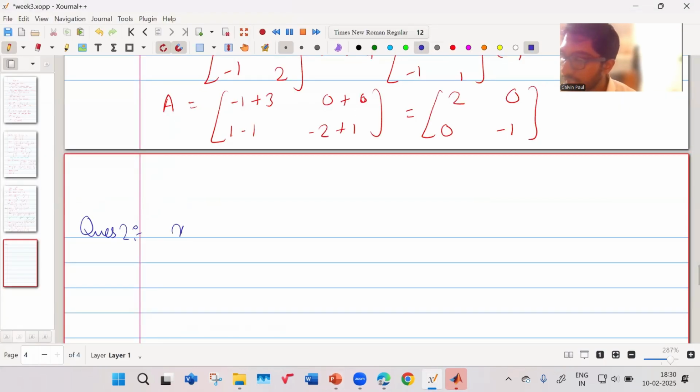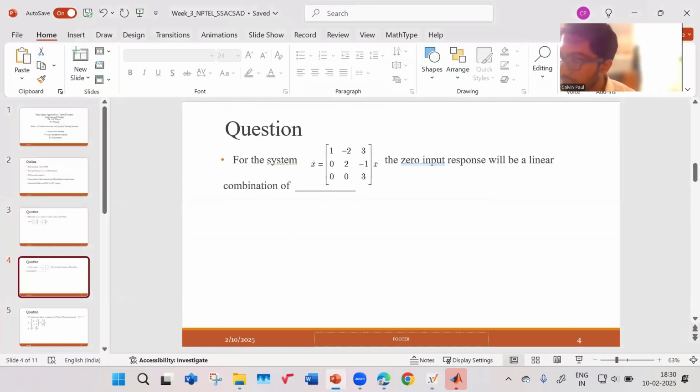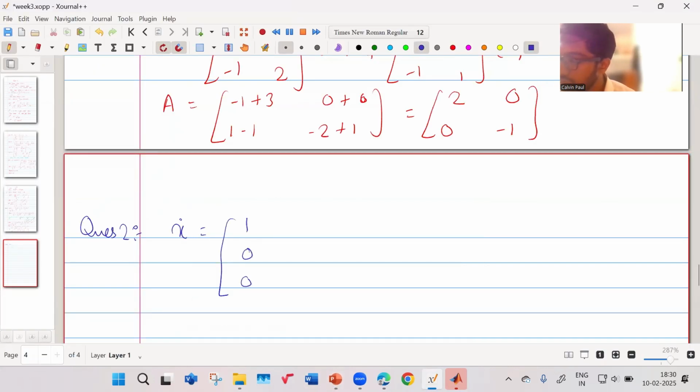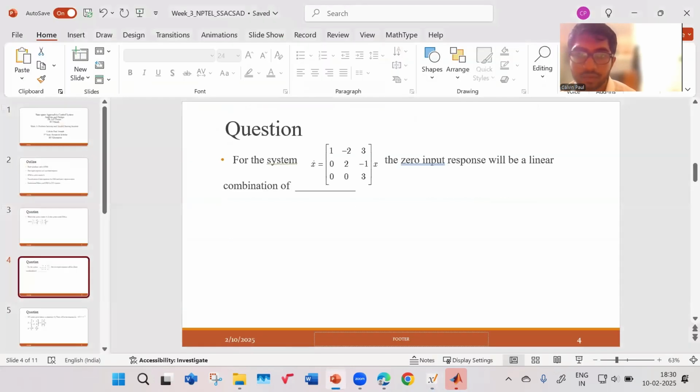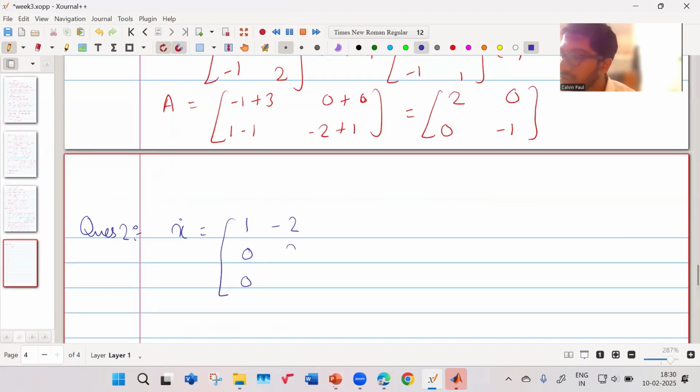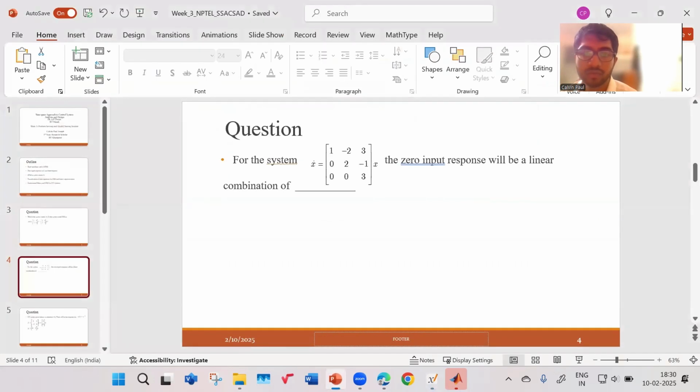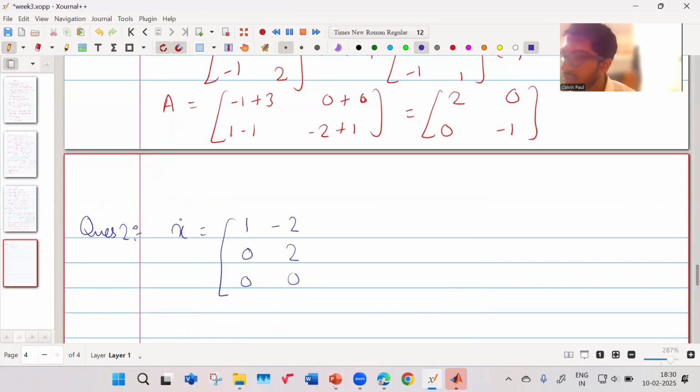Okay, we have x dot is equal to [1, 0, 0, minus 2, 2, 0, 3, minus 1, 3] into x.